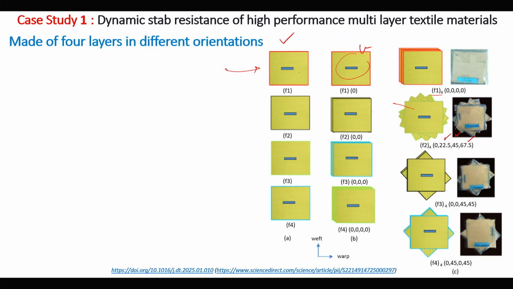So, with an interval of 22.5 degrees, these fabrics were aligned. Third, the F3 fabric, was aligned in 2 different angles: 2 fabrics at 0 degree angle, F 0 0, and two fabrics aligned at a 45° angle.